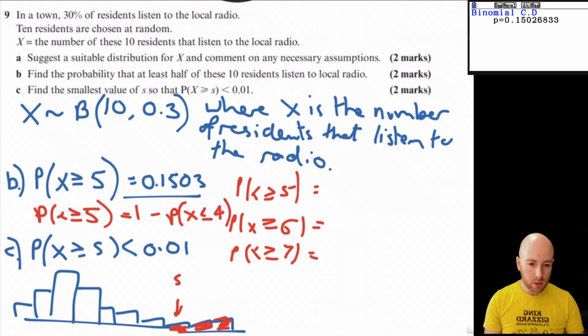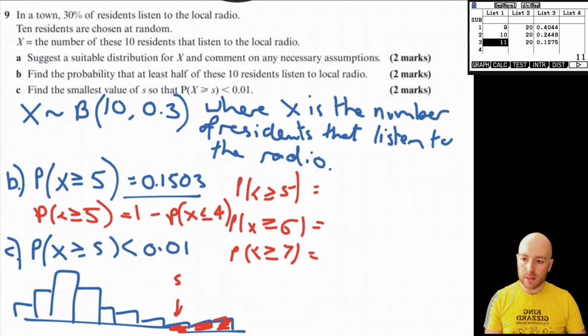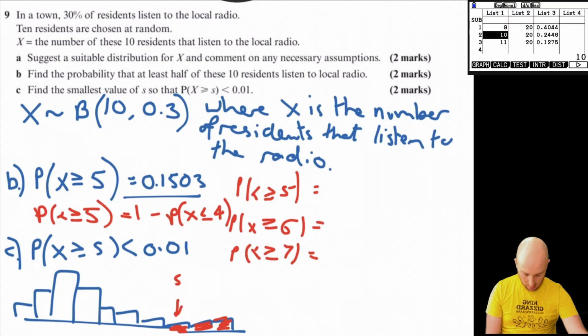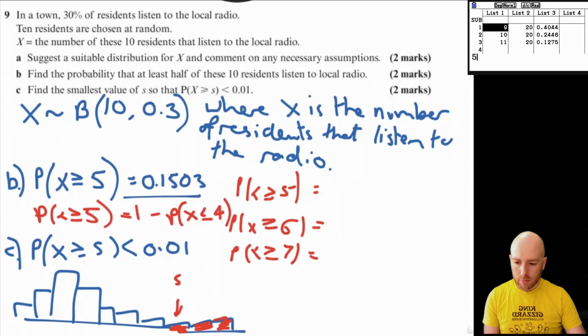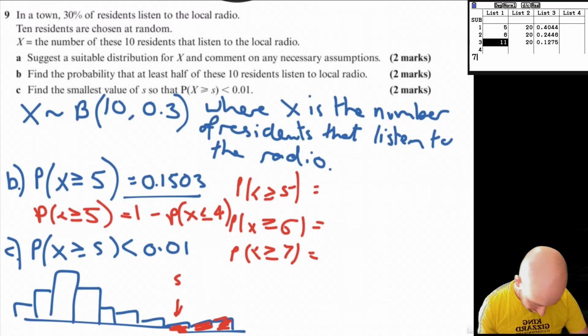Right, so back to our graphical calculator. We're going to go back. Going to put in 5, 6, and 7. Drop the pen.